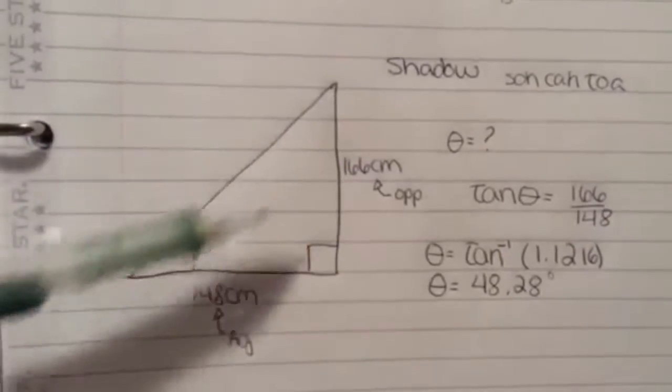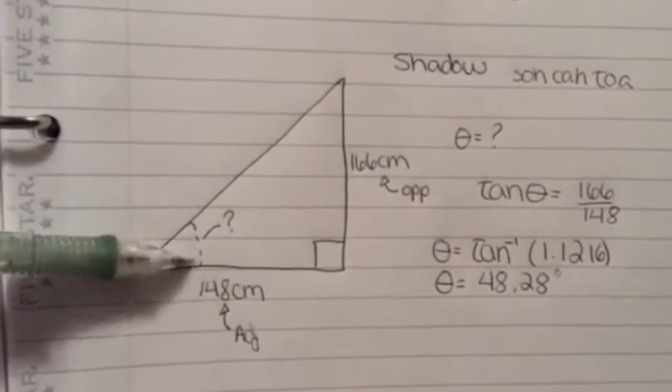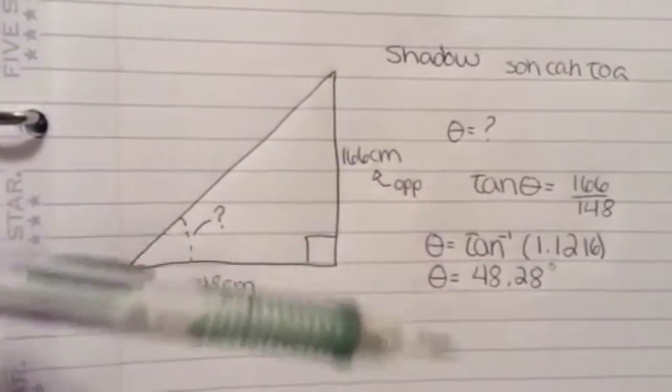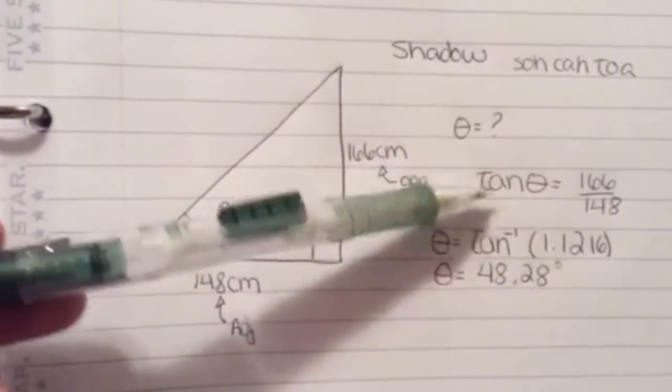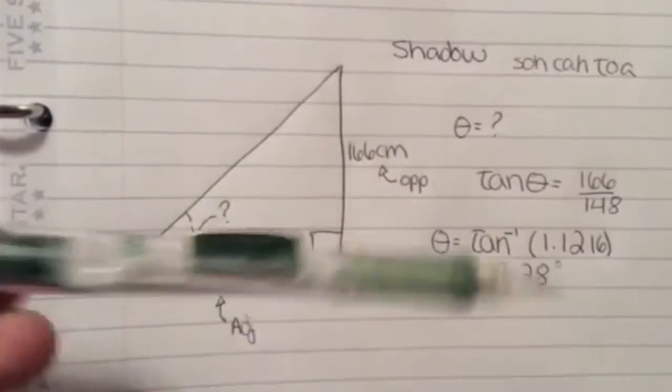So here is the triangle, and we're going to do the shadow problem. We're going to use SOHCAHTOA to find this angle. This is the adjacent and this is the opposite. So we're going to use TOA, or tangent, to find the angle, since it uses opposite and adjacent.